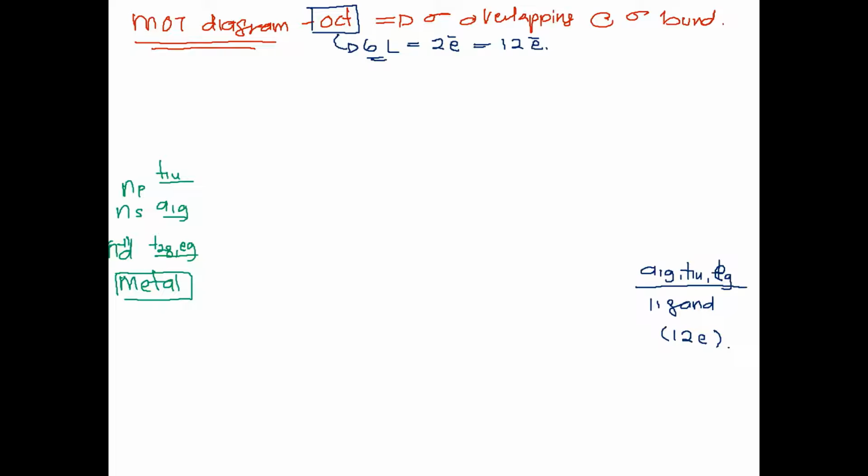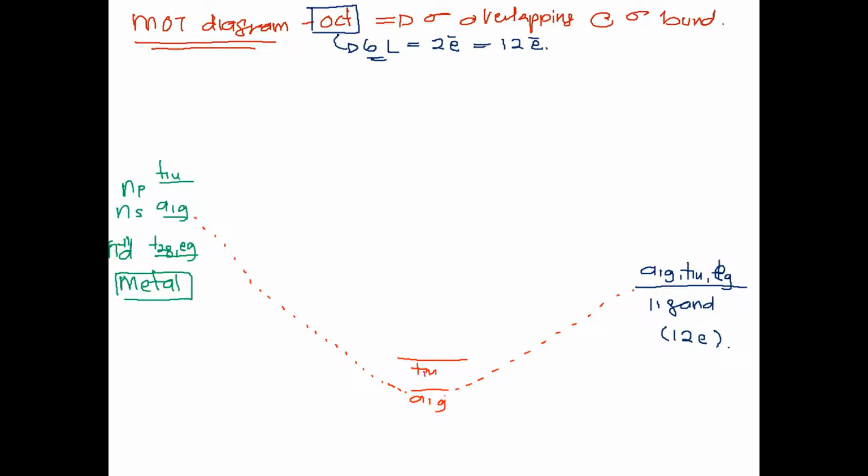So the lowest energy will be the A1G. So you will have A1G comes from the ligands, and also A1G that comes from the metal. Okay, the next one will be T1U.